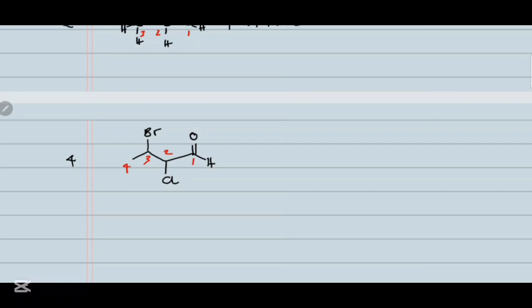After numbering, let us now put in the side groups. Chlorine is on carbon number 2, so here we have 2-chloro. And the bromine is on carbon number 3, so it's 3-bromo.